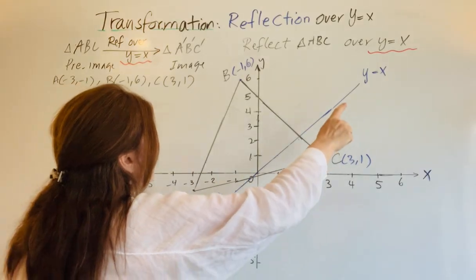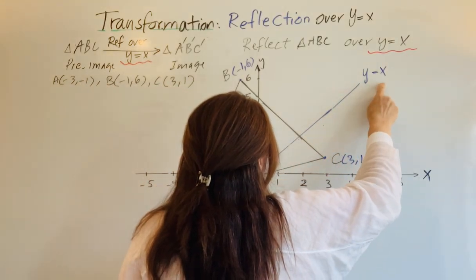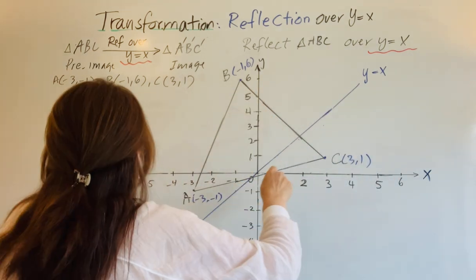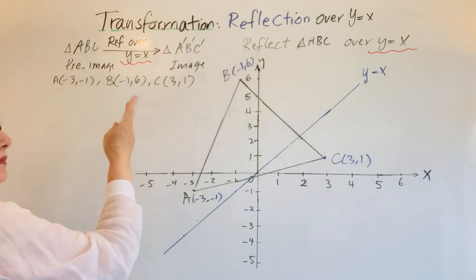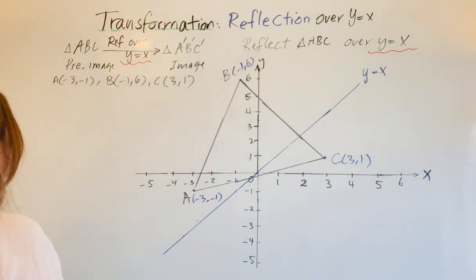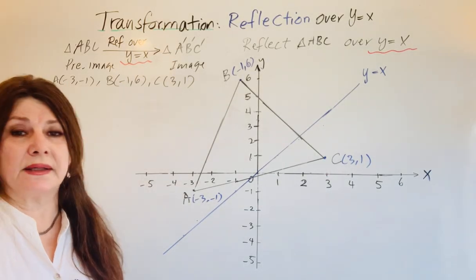But here we have y equals x. For y equals x, we change any x to y and y to x. Actually, we flip them without changing any signs.